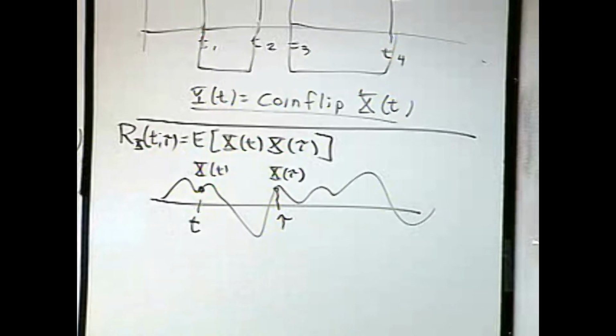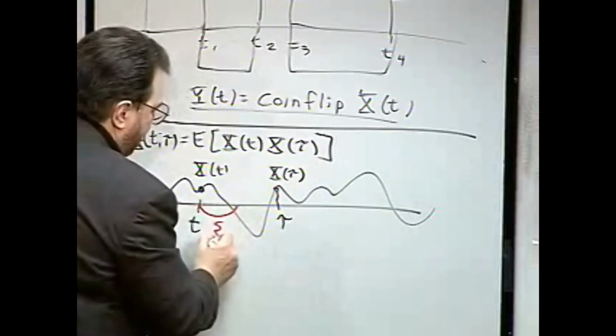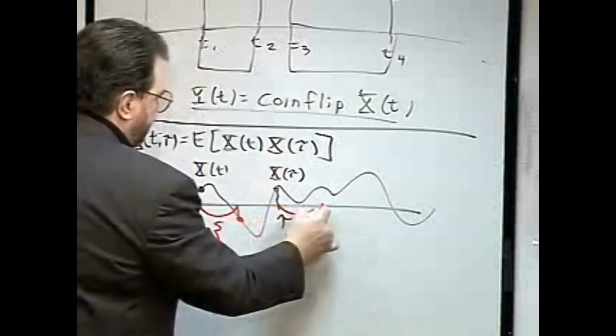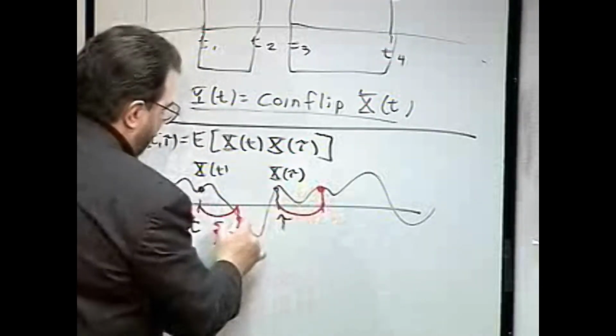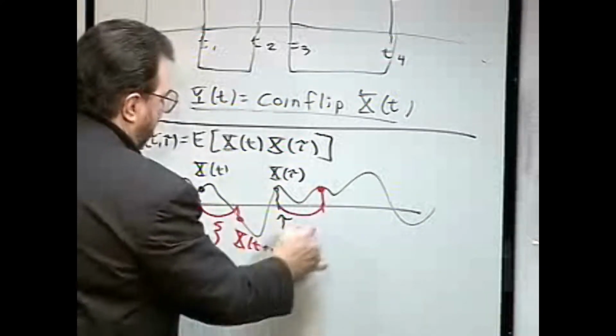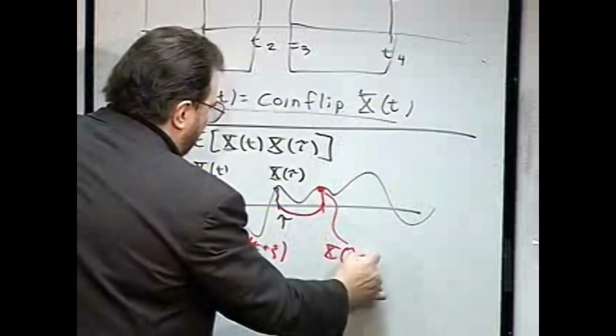That's the autocorrelation. What we're going to do now is exactly what we did with strictly stationary. We're going to shift this over by an interval of c this time, and we'll look at two more points. These 2 points are x of t plus c and x of tau plus c.